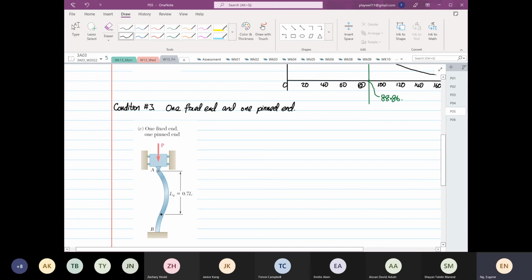So you can see one end is built in, it's fixed, and the other side is a pin end. So you still allow rotation.